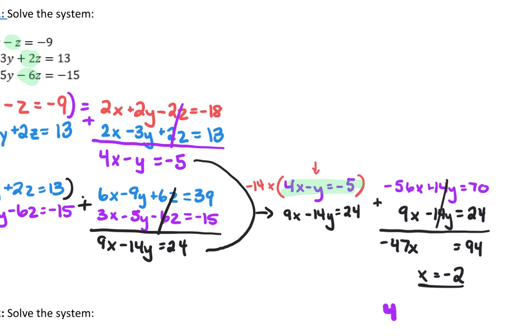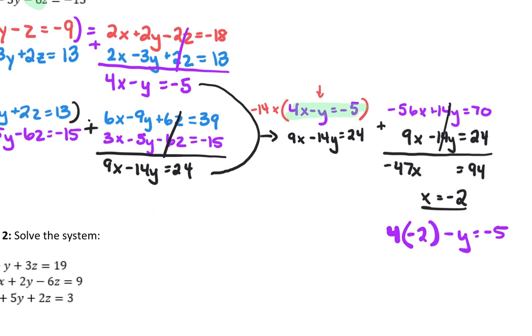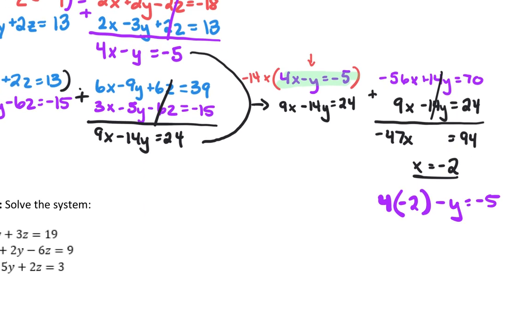So we have 4 times negative 2 minus y is equal to negative 5. And we go ahead and solve that. Negative 8 minus y is negative 5. So I'm going to move the y over here, add 5, negative 3.